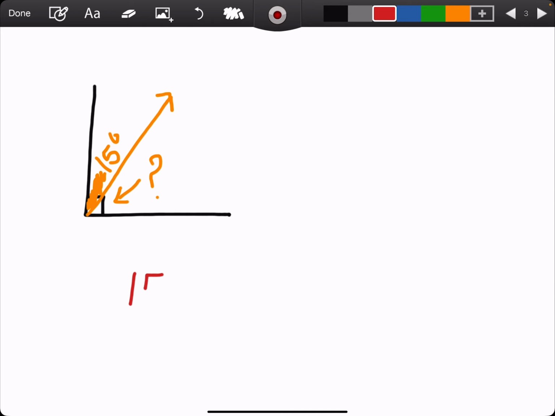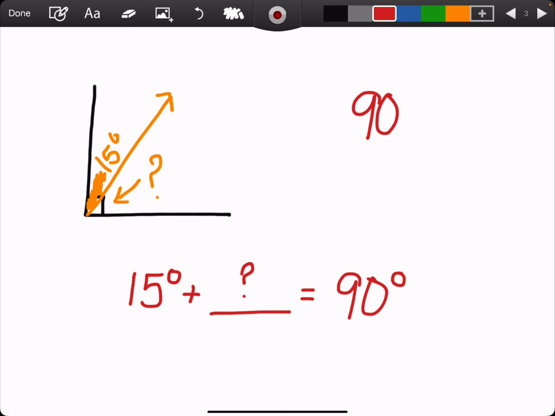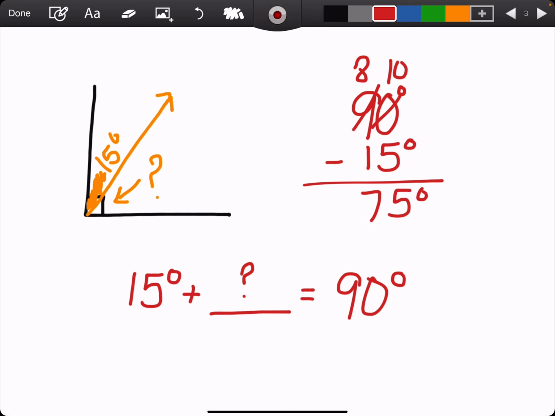So it's 15 degrees plus what I don't know equals 90 degrees. So you would have to work backwards here. Working backwards would be 90 degrees minus the 15 that we know gives us 75 degrees. So the missing angle here would now be 75 degrees. That is how you find a missing complementary angle.